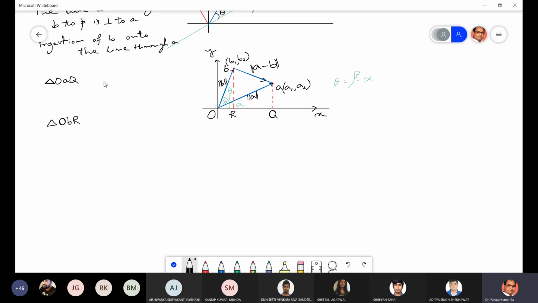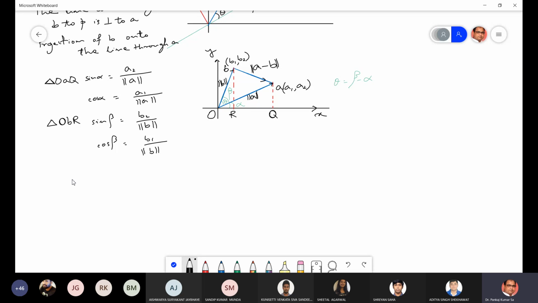From the triangle OAQ, can I write sine alpha is equal to A2 by A, and cos alpha is equal to A1 by A. Similarly, from the triangle OBR, sine beta is equal to B2 by B, and cos beta is equal to B1 by B. That's how I can write.